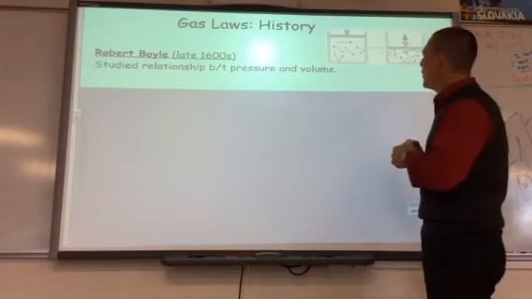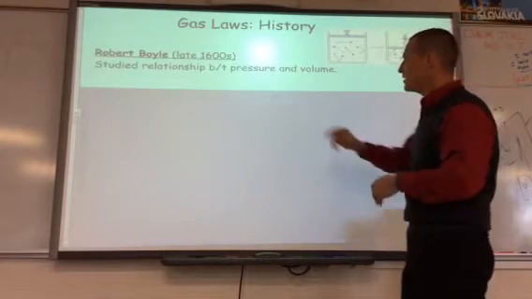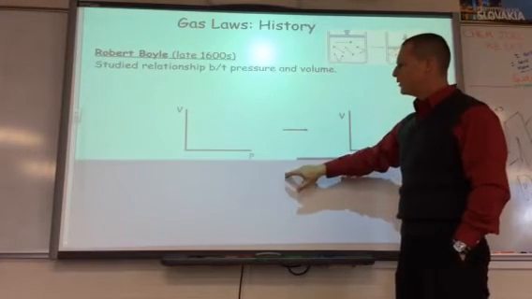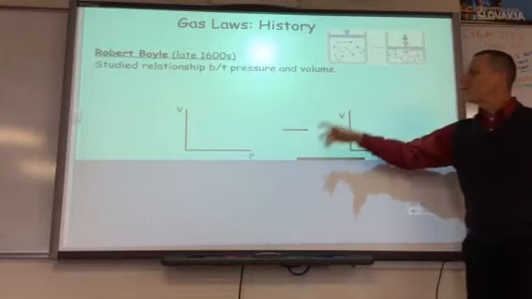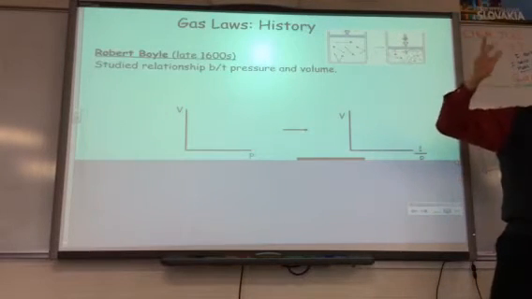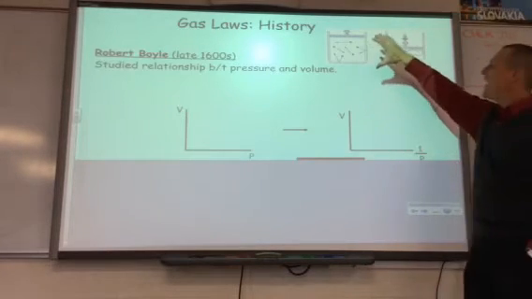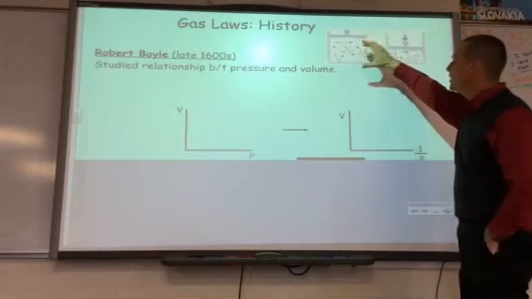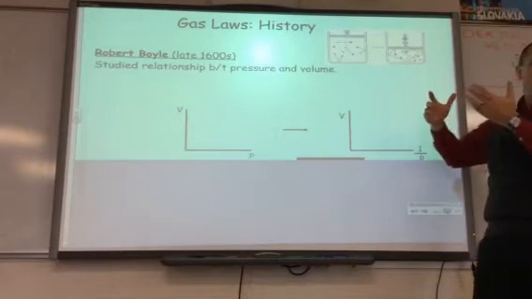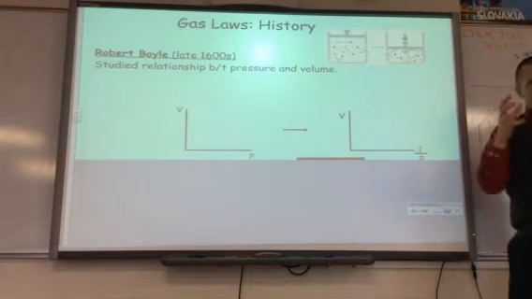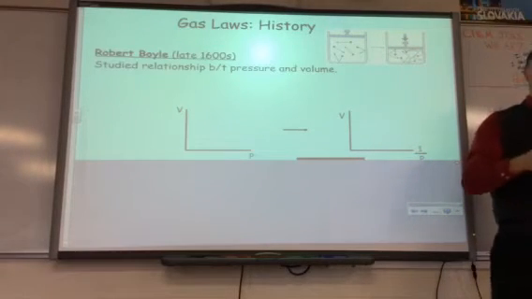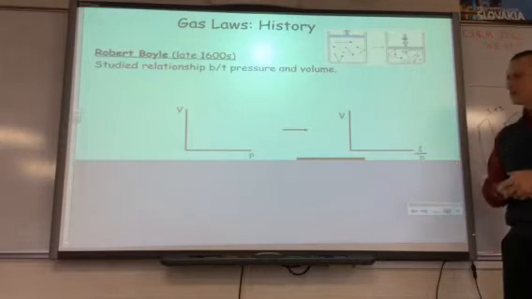Okay, so now having beat up on that artist, let's take a look at Boyle's law. Boyle's law deals with the relationship between pressure and volume. Now going back to this, if I could use this as an authentic example of Boyle's law, we have a certain pressure and volume here, but when the volume gets squashed down, the pressure is going up. The particles have a smaller, more confined space to move around in, so they're bouncing off the walls of the container more frequently, increasing the pressure.